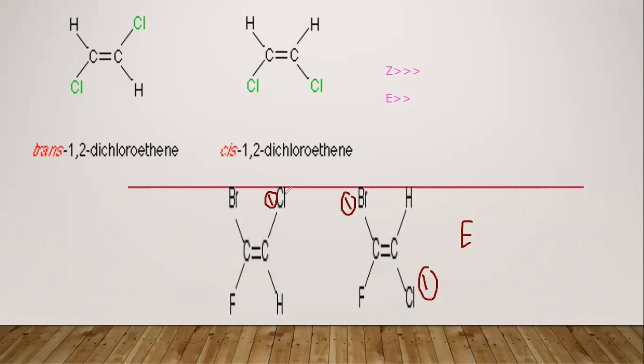So chlorine has a higher priority. In the second carbon, I have bromine and fluorine. Bromine is a higher priority because bromine is 35. The higher priority up, the higher priority up. So this is zusammen isomer. Zusammen isomer.